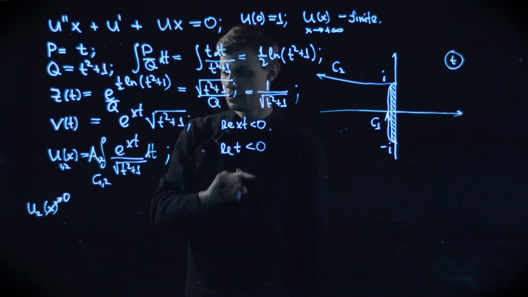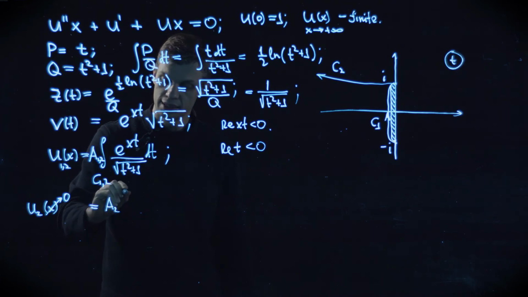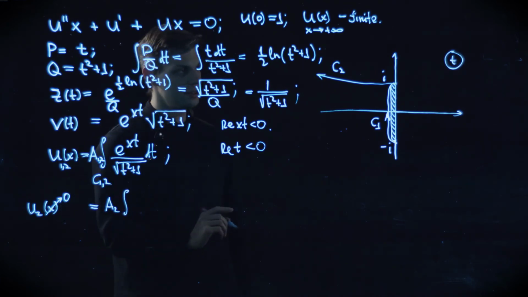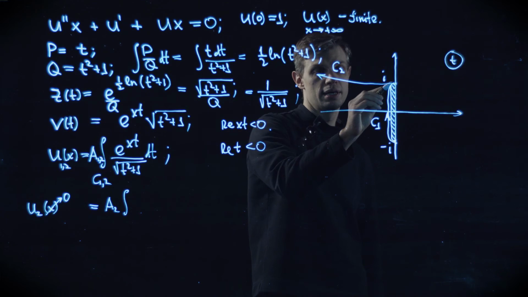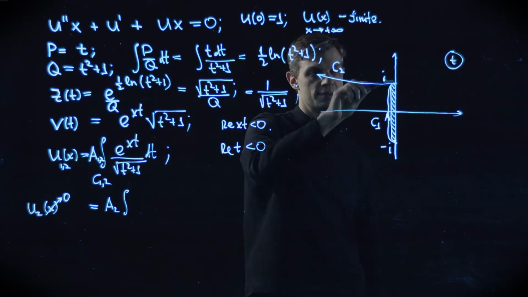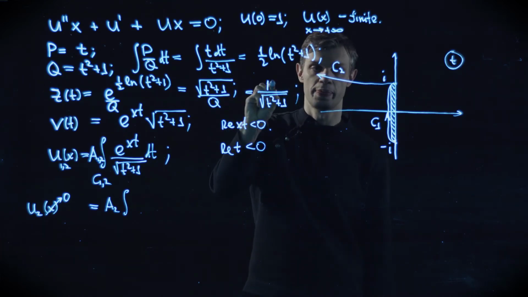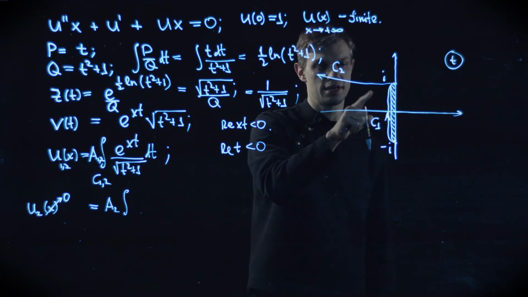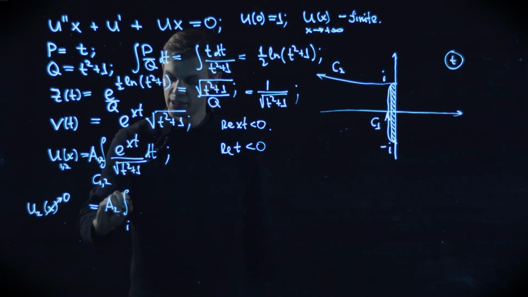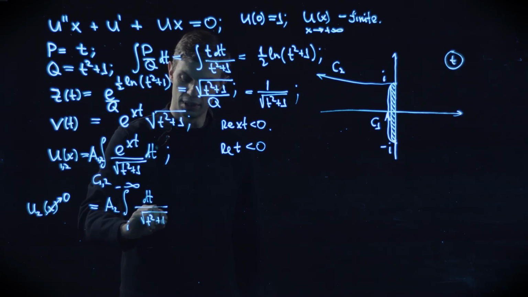Then we should put 0 here, and what we get is some constant a2 times the contour integral, and we can deform the contour, so it's better to represent it as a horizontal line which tends to minus infinity. So the integral is taken from i to minus infinity, dt over square root of t squared plus 1.